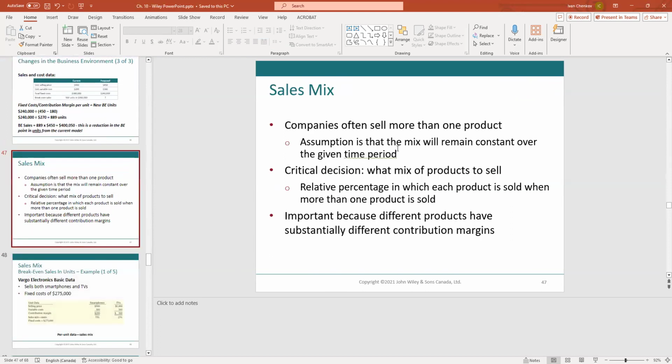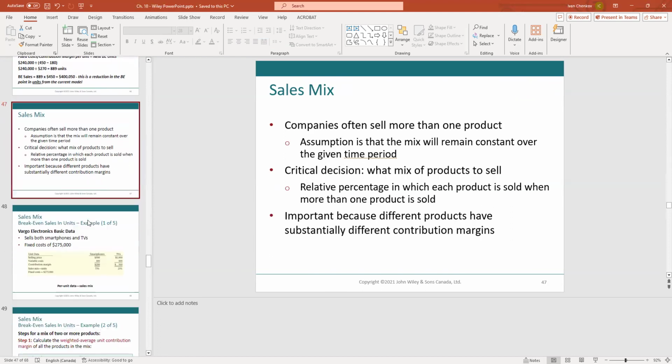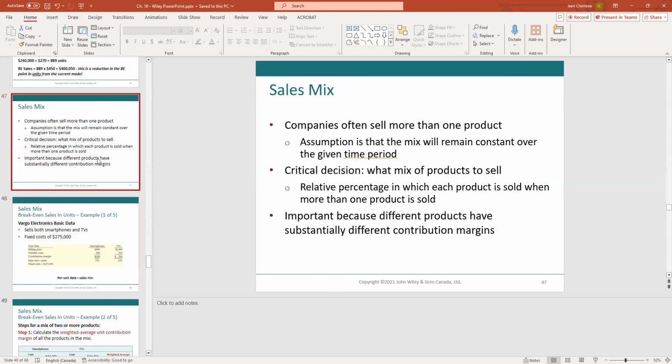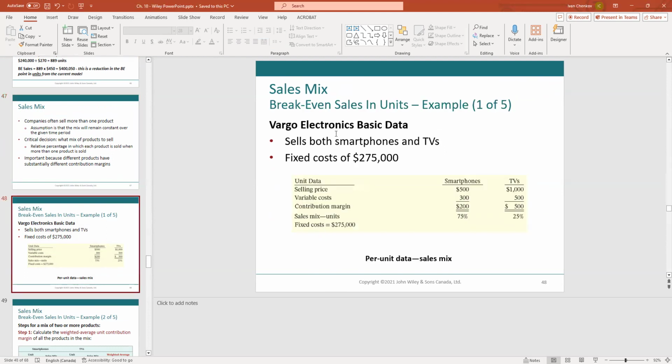On the sales mix, once you have the sales mix, we're going to ignore the contribution margin per unit, and we're going to go to the total contribution margin. So we have two products: the smartphone and the TVs. We have the selling price, the contribution margin per unit, and the sales mix on the units.